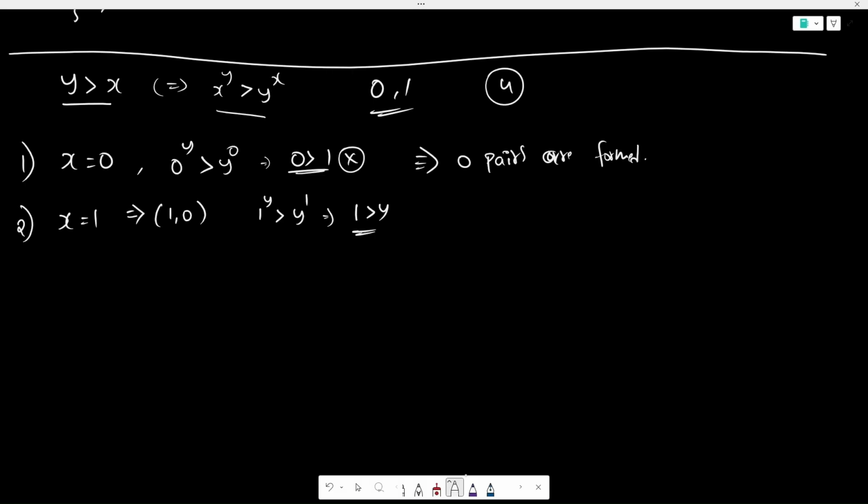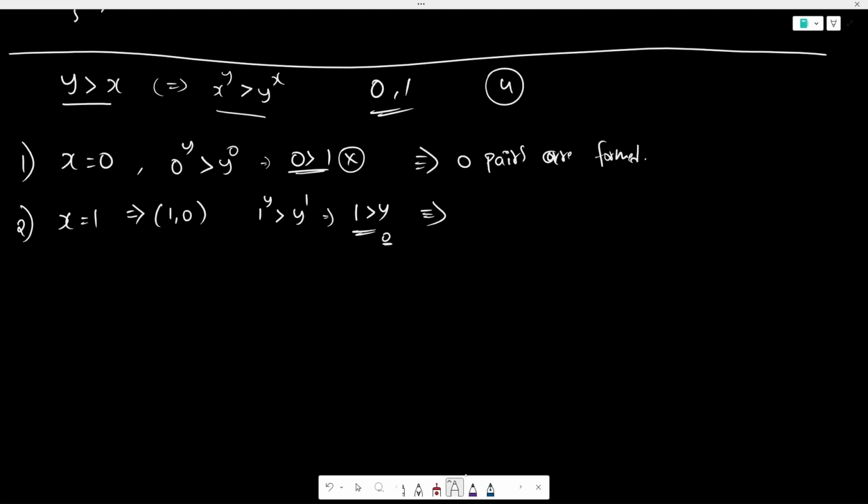So when will this condition be true? This condition will be true if and only if you substitute 0 in place of y. Other than 0, if you substitute any number like 2, 3, 4, 5, 6, this condition is false. So by this, one thing I can tell, whenever x equal to 1, only y equal to 0 forms a pair such that x power y is greater than y power x.